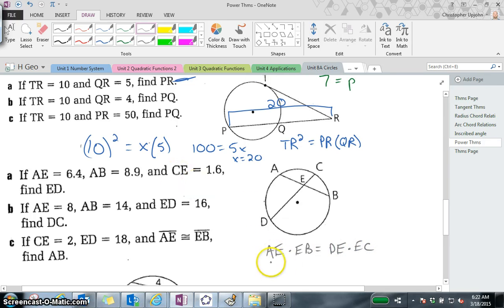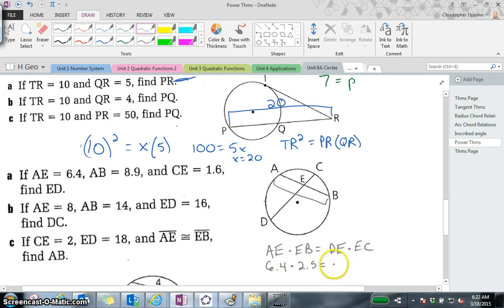So in this first one, we got AE at 6.4 times EB. Well, we don't know that, but we do need to know all of AB. So if AB is 8.9, AE is 6.4, we subtract it, and we get 2.5.